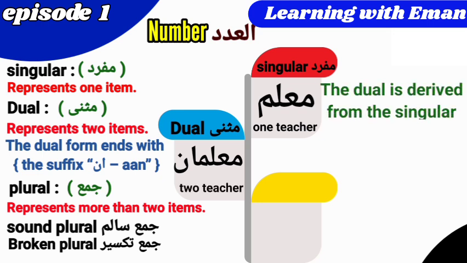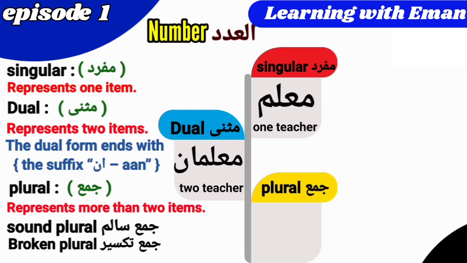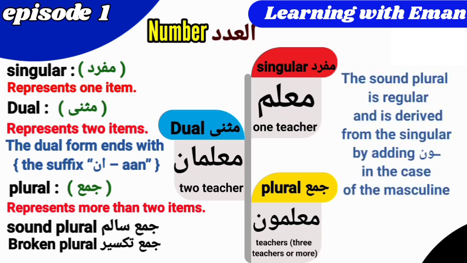The dual is derived from the singular by adding aleph noon. The plural noun is معلمون, which means teachers. The sound plural is regular and is derived from the singular by adding waw, noon in the case of the masculine, which is called in Arabic جمع مذكر سالم.